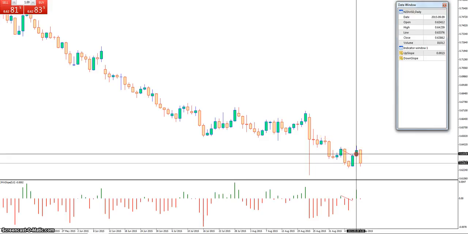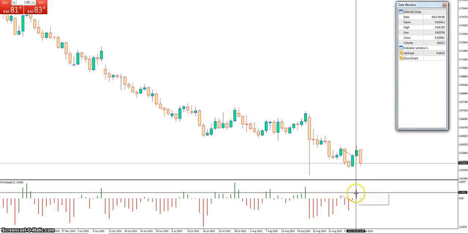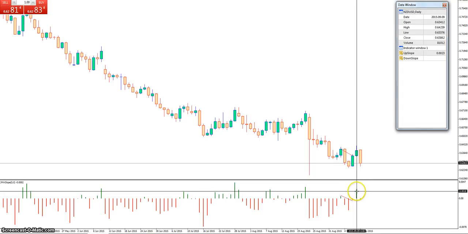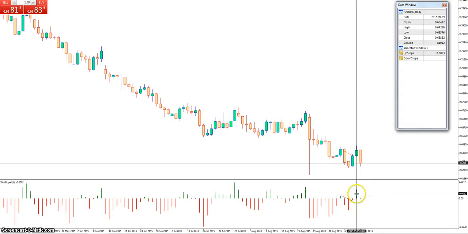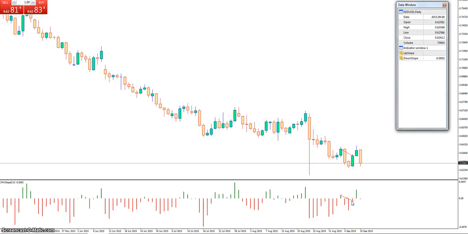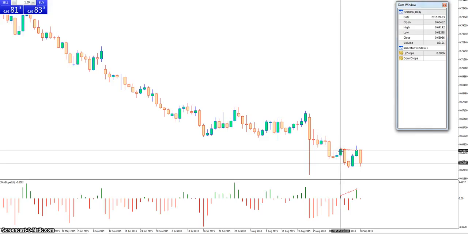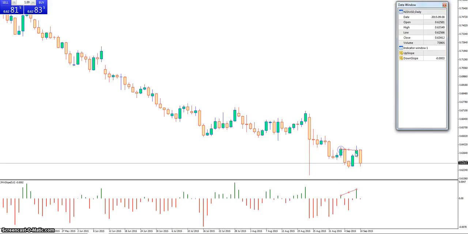But yesterday, when this green line is formed on JMA slope, we have something like this. The indicator went up higher than the previous peak, but the price failed to go up above the previous close. On this date close here and this date close here. So we can see a negative divergence happening here.